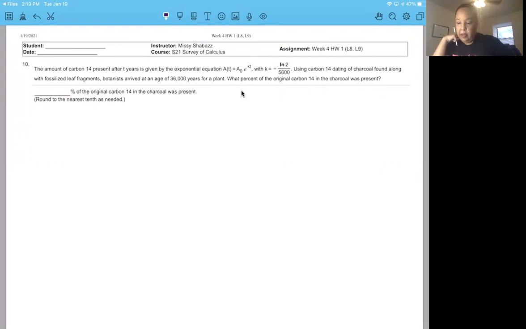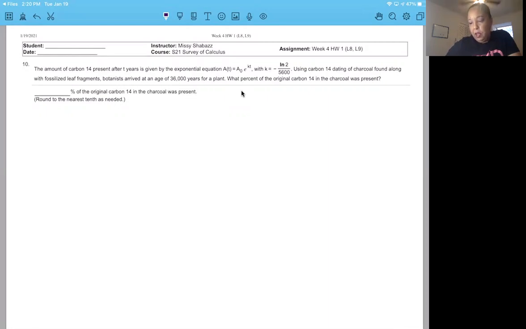Using carbon dating of charcoal found along with fossilized leaf fragments, botanists arrived at an age of 36,000 years for a plant. What percent of the original carbon-14 in the charcoal was present? All right, so they don't give us A naught, they give us K, the decay, and they give us our time T.